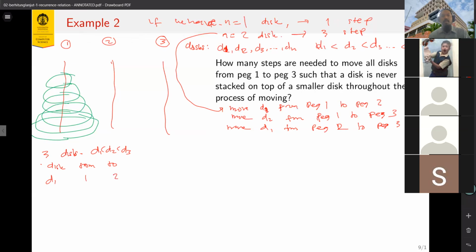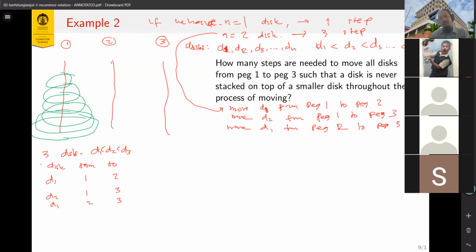Okay. Then D2 from peg 1 to peg 3. And then D1 from peg 2 to peg 3.